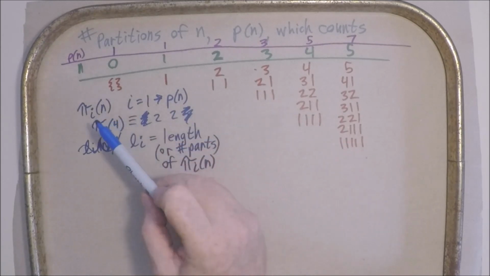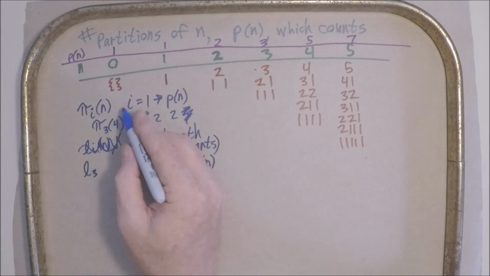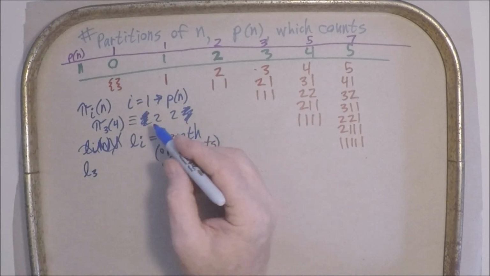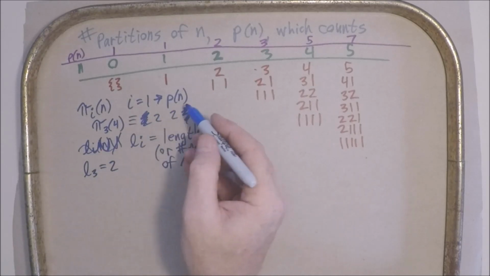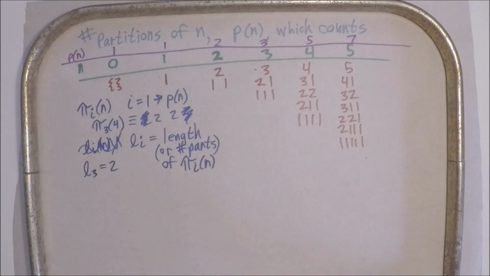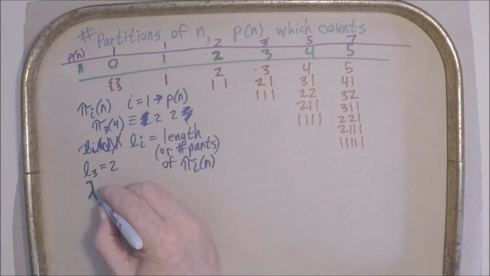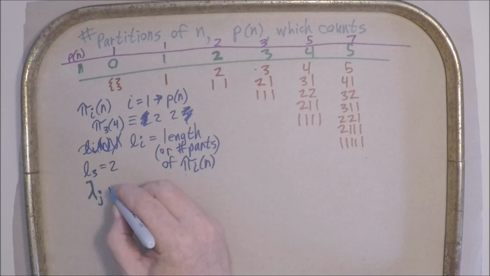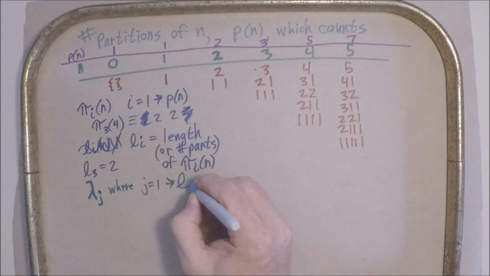So the length L3 of 4 is going to be 2. There are 2 parts. And then further, the variable lambda indicates a part itself. So we're going to need a new index, j, or subscript here, where j equals 1 to L sub i.